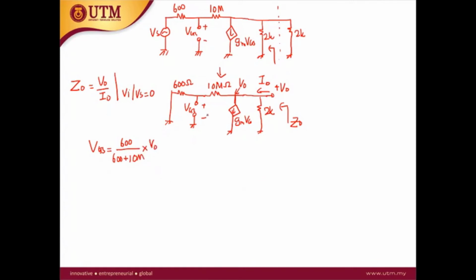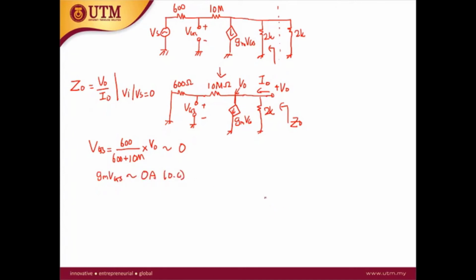From this analysis, you see the 600 over 600 plus 10 mega is almost equal to 0, because if you compare 600 with 10 mega, the difference is many orders of magnitude, so it is equal to 0. So when VGS is equal to 0, GM VGS is also almost equal to 0 ampere. So this is open circuit.